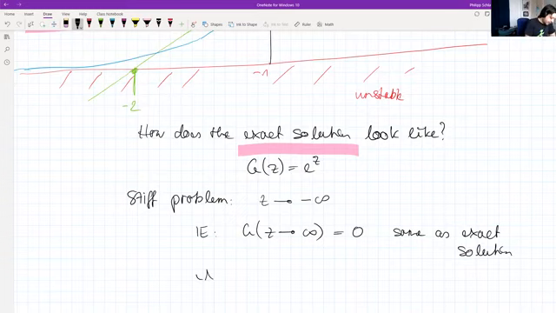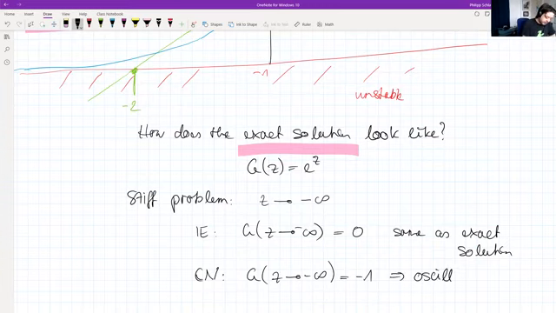Whereas for the Crank-Nicolson, G for Z going to -infinity is -1, and that is not the same as the exact solution. -1 in fact means that this gives you an oscillatory solution, which is typically not what you want because it starts to wiggle.